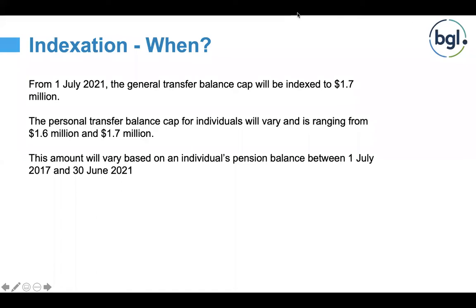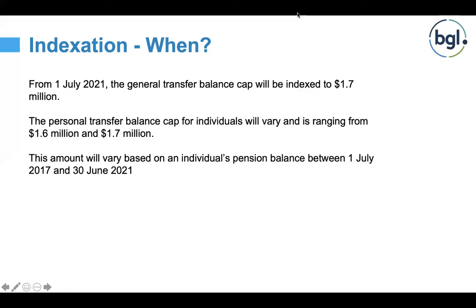That amount is going to vary based on that person's pension between 2017 to 2021. Now, good news for everybody in attendance. I'm sure everybody here is using Simple Fund 360. For those funds that are in Simple Fund 360, we've created the program to be able to calculate each person's cap for you.